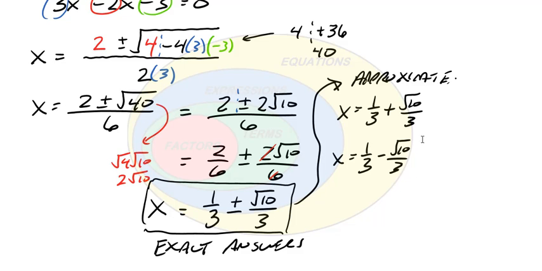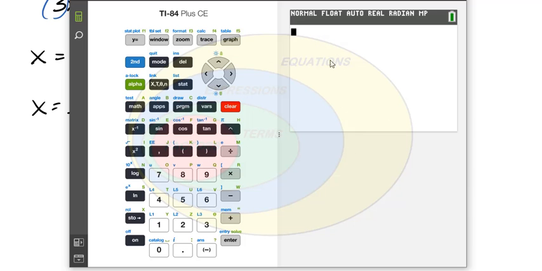So I'm just going to use a graphing calculator to do that. So in my graphing calculator, I'm just going to plug in 1/3 plus the square root of 10, and then I have to get out from underneath the square root, and I'm going to divide that by 3 too. So that would be 1/3 plus the square root of 10 over 3.